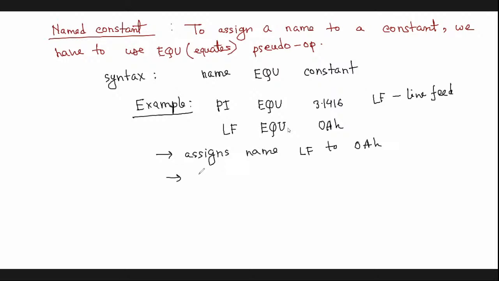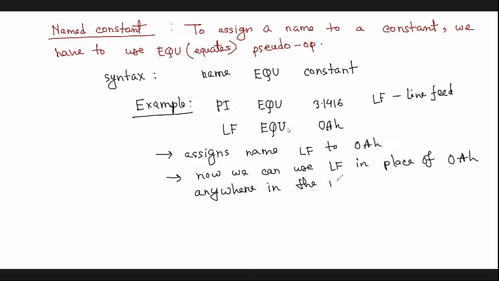Now we can use LF in place of 0A hex anywhere in the program, like I said before. So you assign a name and use it anywhere in the program.